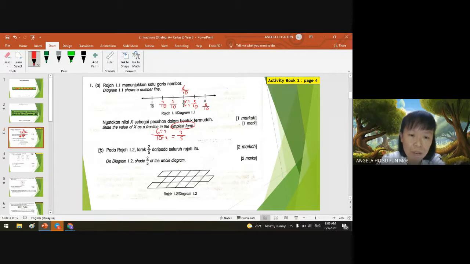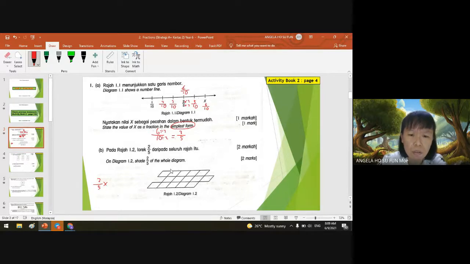Now look at B. Diagram 1.2. Shade 2 over 5 of the whole diagram. If I put here 2 over 5, the word 'of' means multiply. Whole diagram, so you count how many squares there are. It's actually not square.